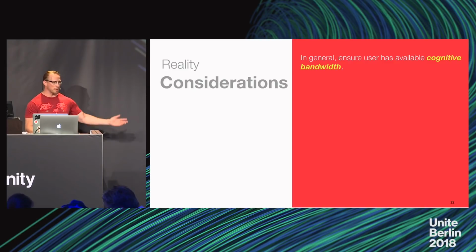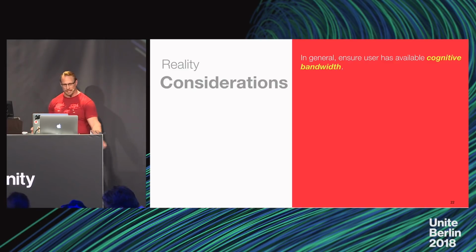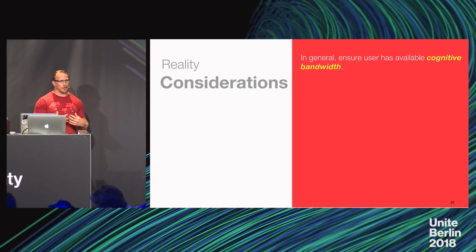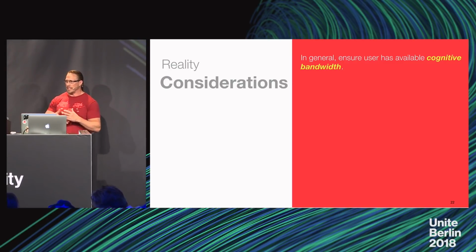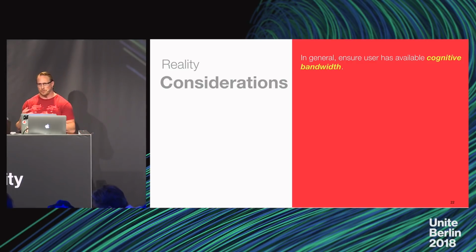If the experience has me walking around or picking things up, I need to have enough cognitive bandwidth to actually do that task. And so you cannot budget the entire user's sense of everything for your experience. You can't throw too many inputs and too much information to tackle at them if you also want them to walk across the floor.